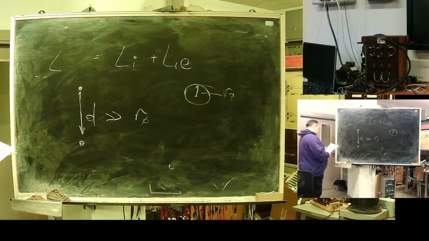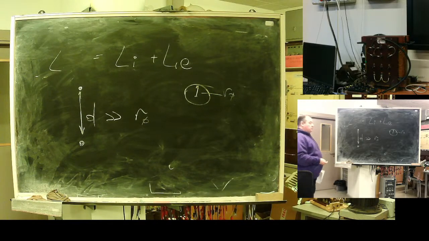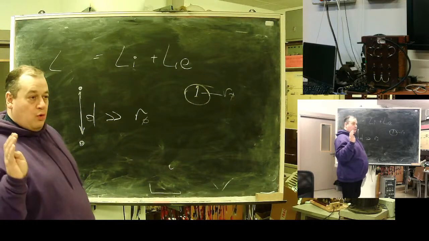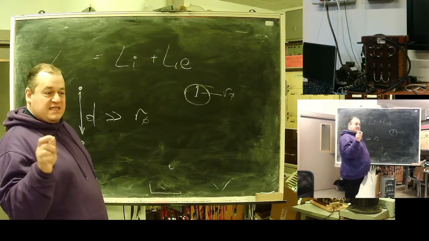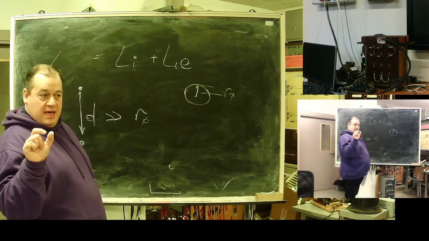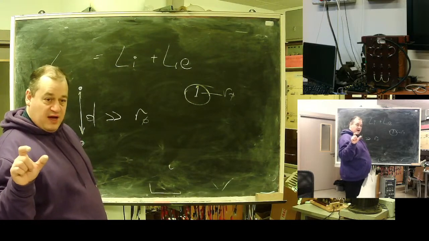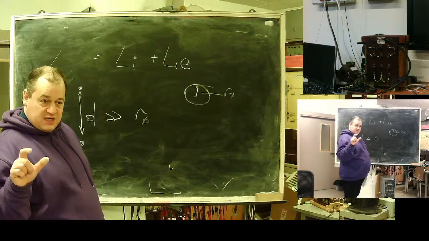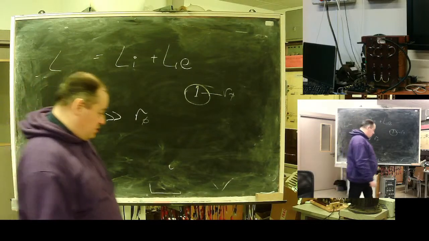In such a case, we can assume there is no skin effect, and the magnetic field inside the wire is uniform. If we have two very close wires, when the distance between wires is less than the wire radius, we will see a different picture.